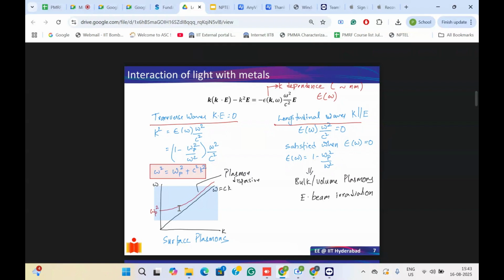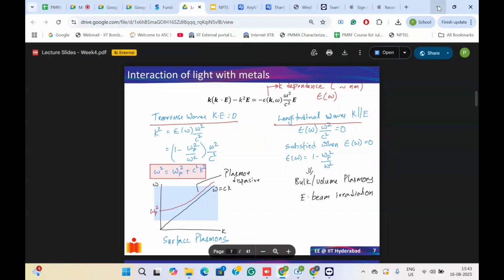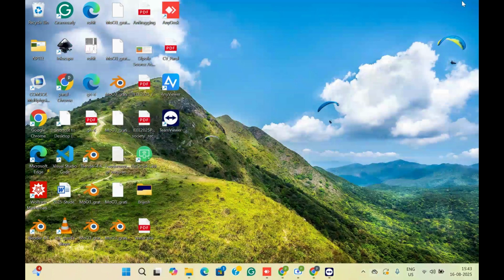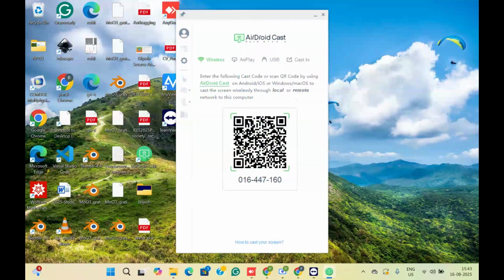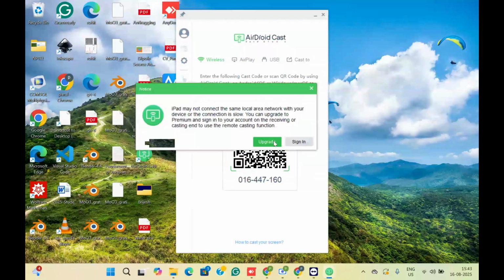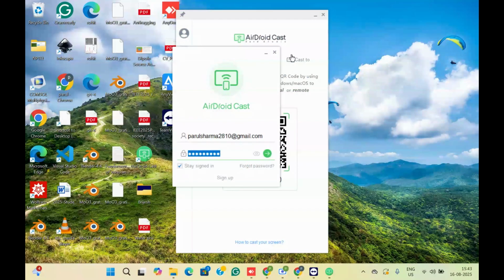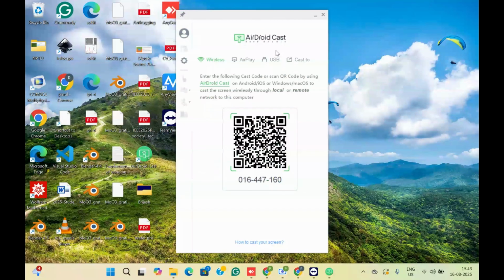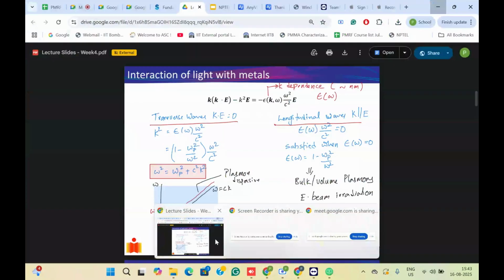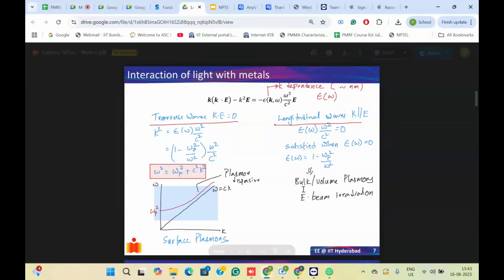Further, this has subcategories. When light interacts with a nanoparticle, we say localized surface plasmon waves.